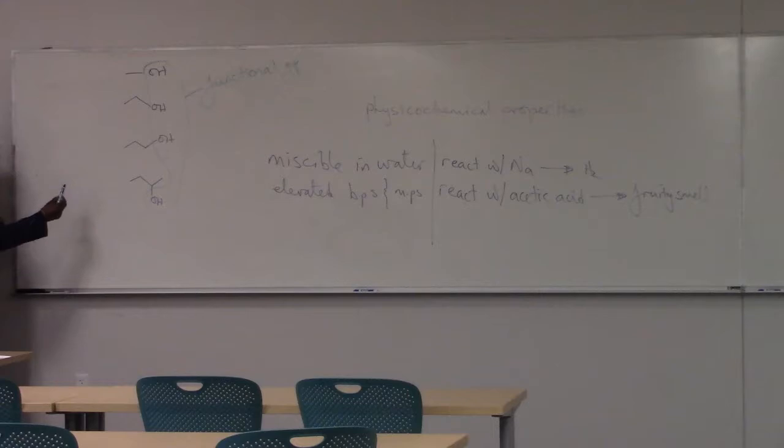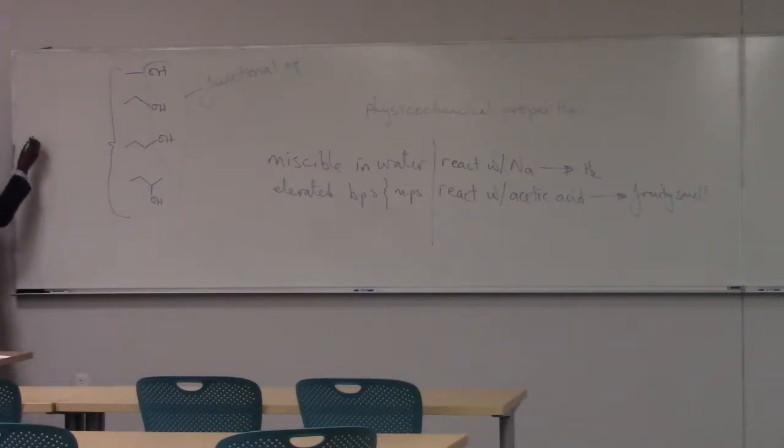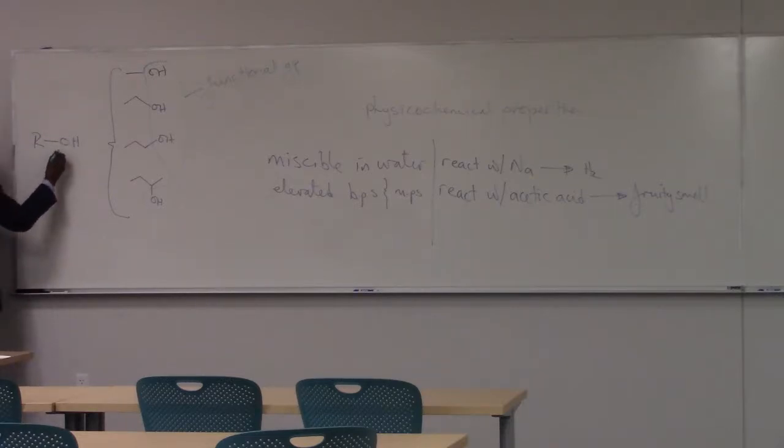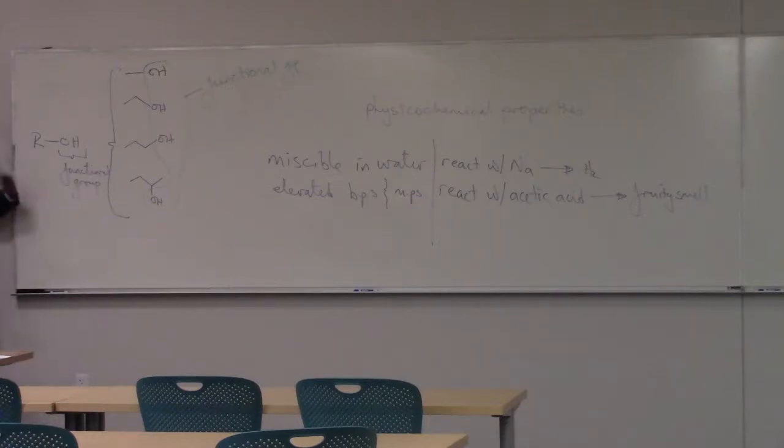So I can really then say that all of these compounds belong to a family that I can describe as ROH. So OH is the functional group, right? It's the functional group which dictates the physical and chemical properties. But the R is the organic variable.